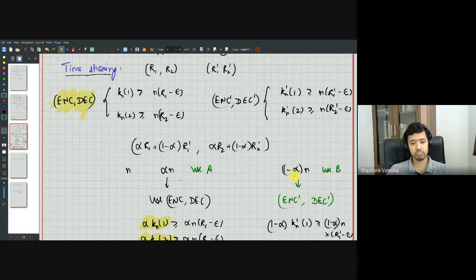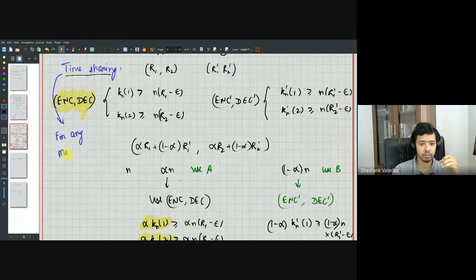But then if there is memory, then you cannot. Then this particular argument does not go through. So an identical time sharing argument does not hold. So time sharing works for any memoryless channel.